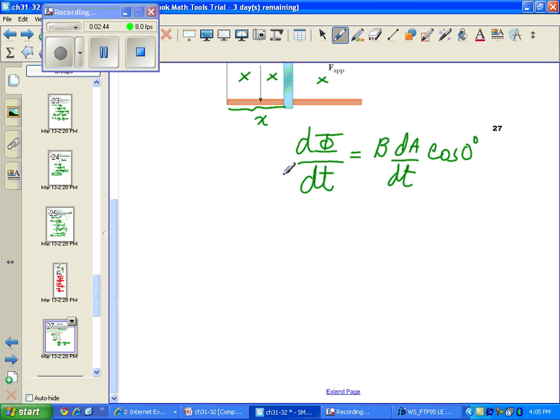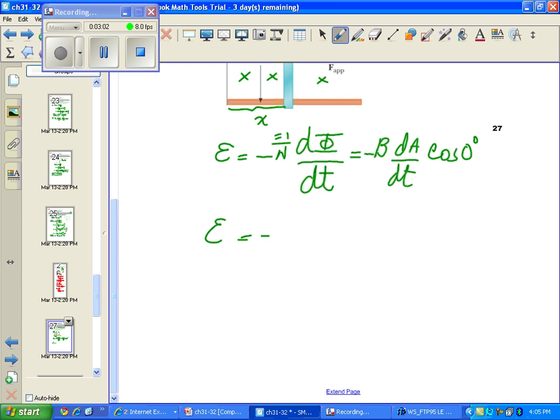And so let's say more specifically, the EMF will be equal to the negative change in the magnetic flux, and of course our N is equal to 1. So we just put a minus sign here for our EMF.